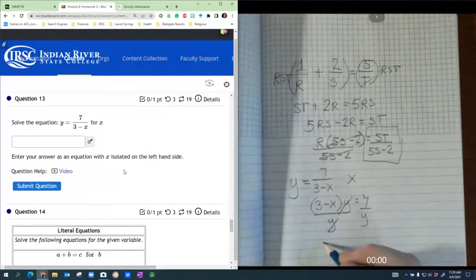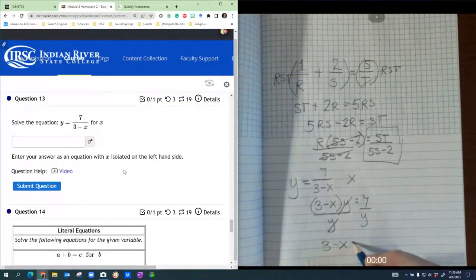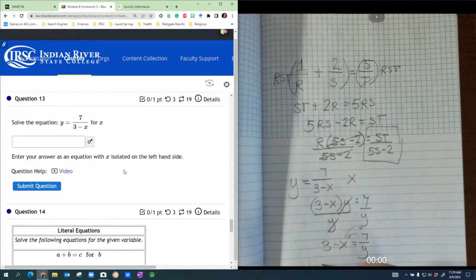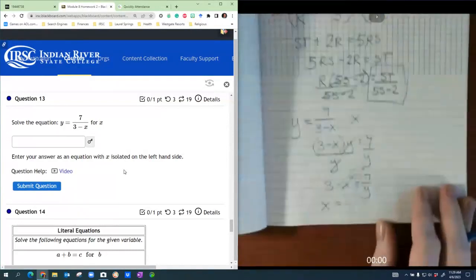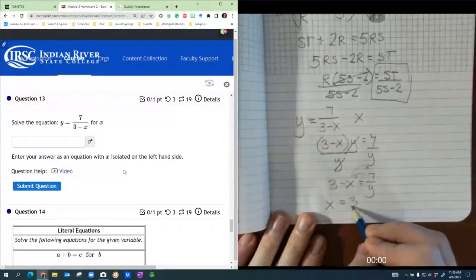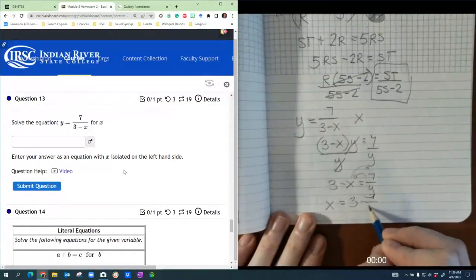And then that leaves me with 3 minus x equals 7 over y. And then I'm going to bring this over and bring this over. So when I do, that'll leave me with x equals 3 minus 7 over y.